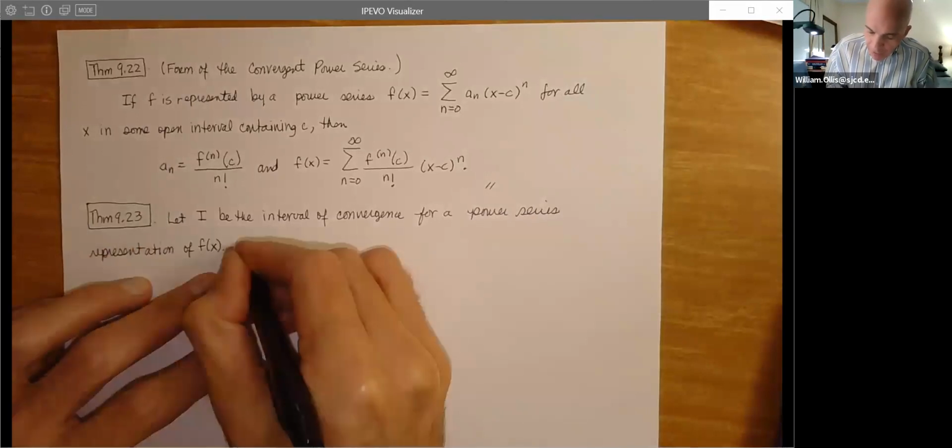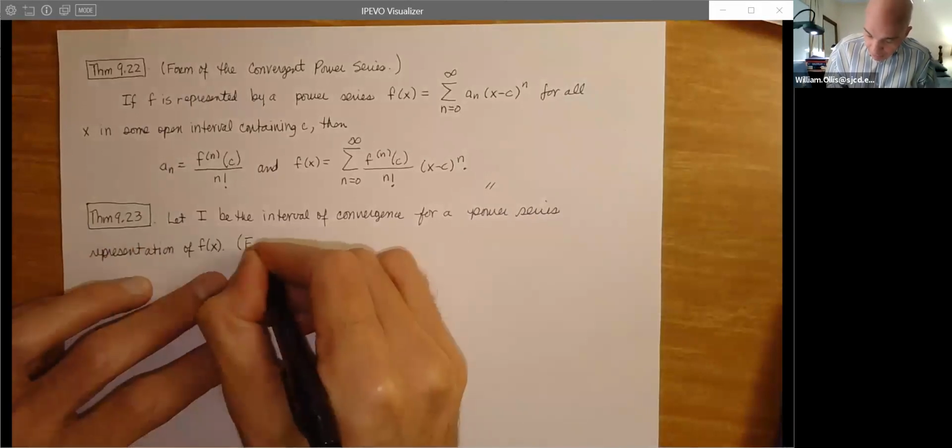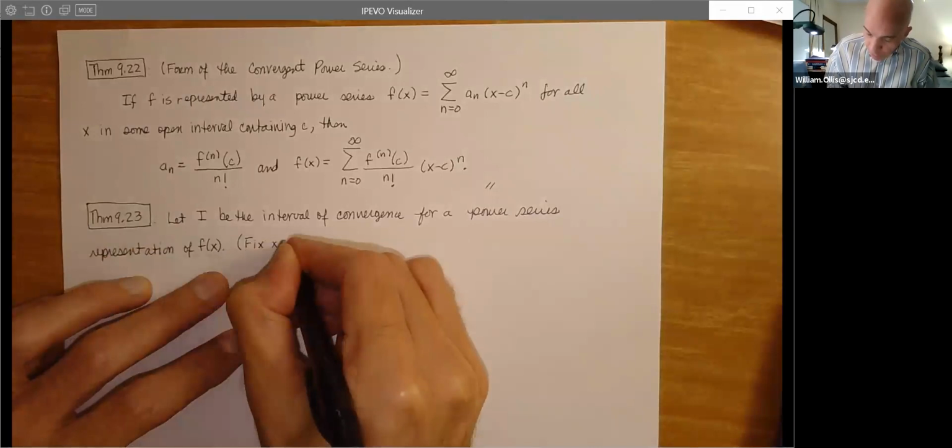And so we think of fixing x in I. We have to do that for the proof.